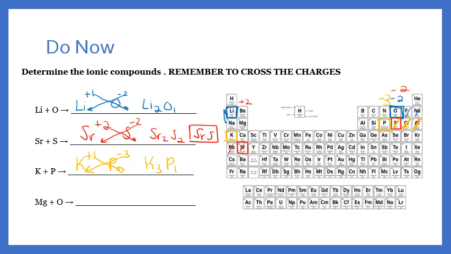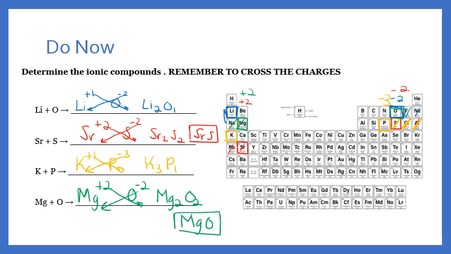And then we have magnesium, which takes that +2 charge because it wants to get rid of those 2 electrons. And then oxygen, again, takes that -2 charge. We're going to crisscross our charges, so it should be Mg2 and oxygen 2, which we can condense to just magnesium oxide, MgO.